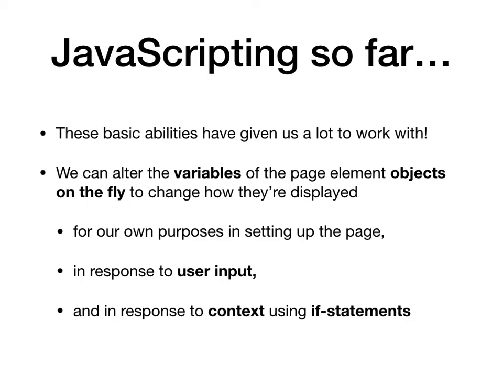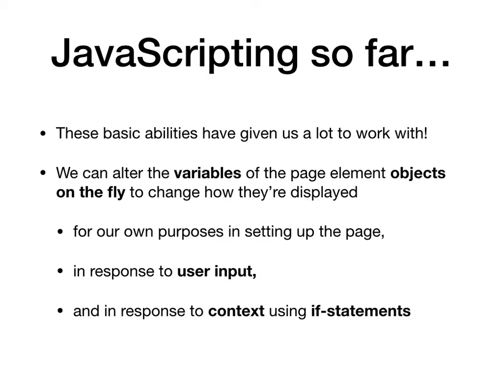So that takes us up to the current moment. So far, we've talked about all these basic abilities. They've given us some interesting power. We can kind of change everything on the page at our whim. We can respond to user input. We can call our own functions when the user hits buttons and stuff like that. That's pretty cool.